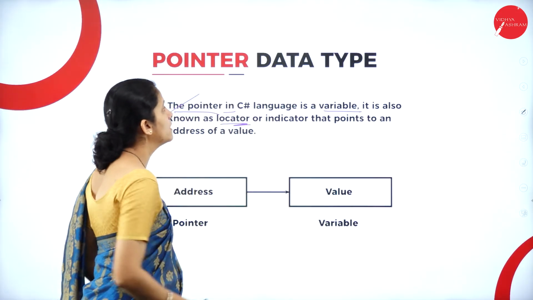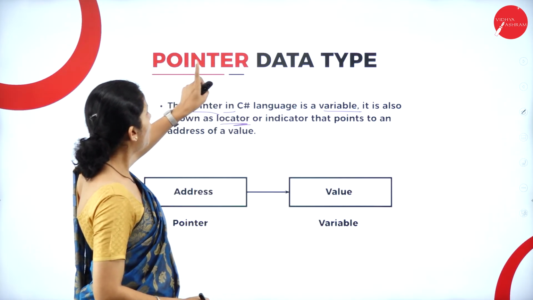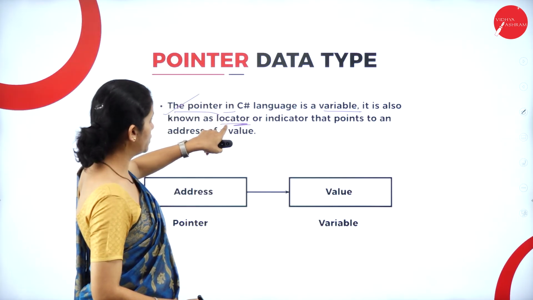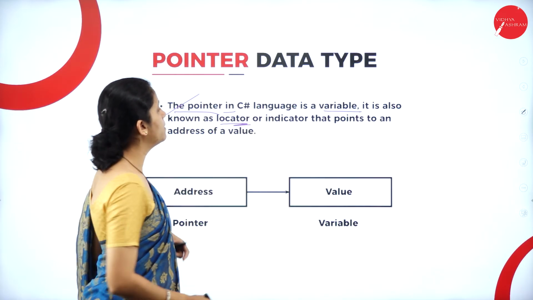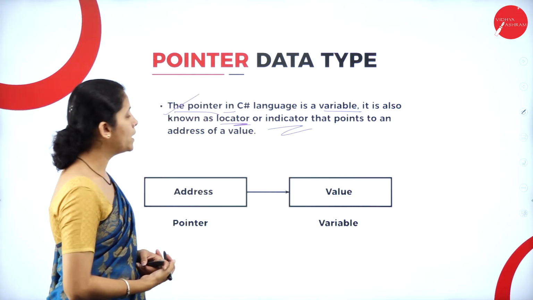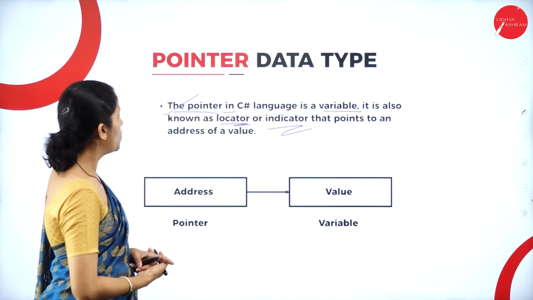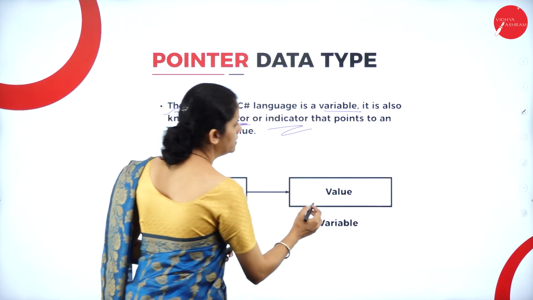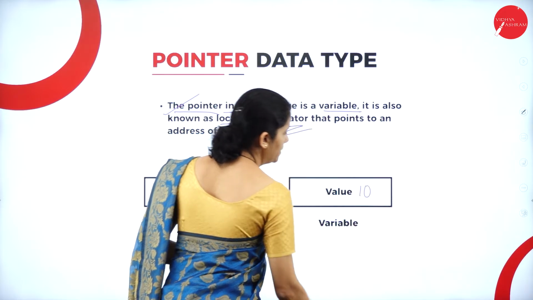So, another name of pointer here is locator, or even I can use indicator, that points to an address of a value. So, here I have the value 10.